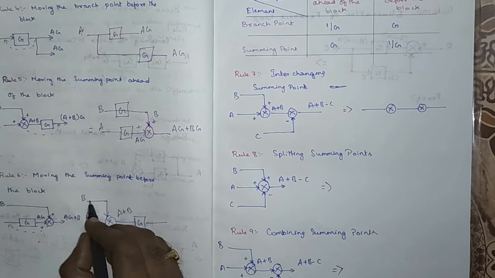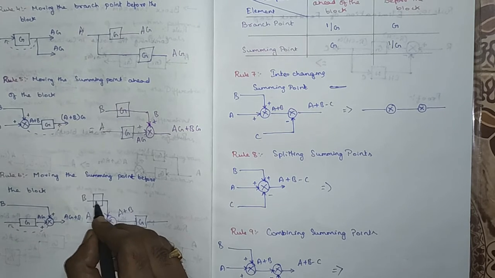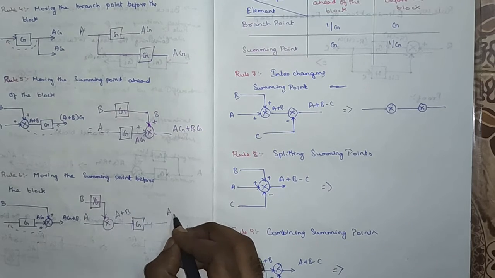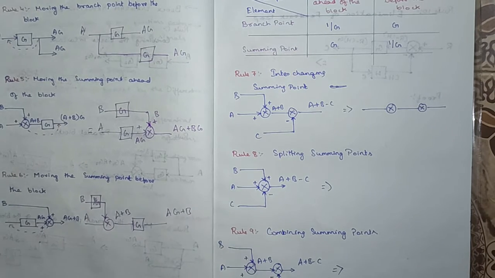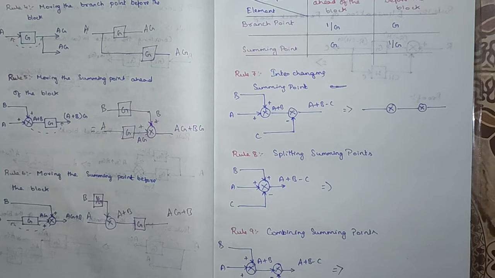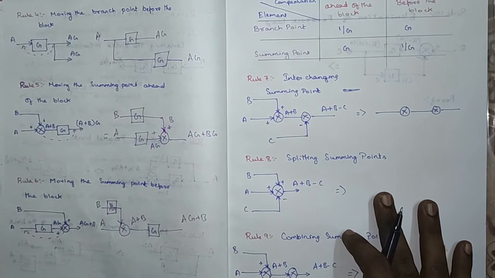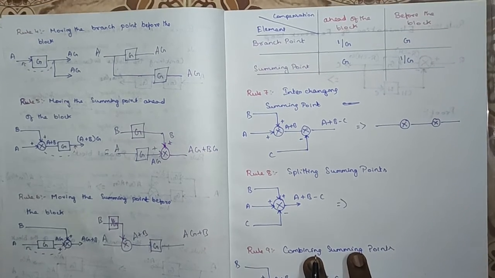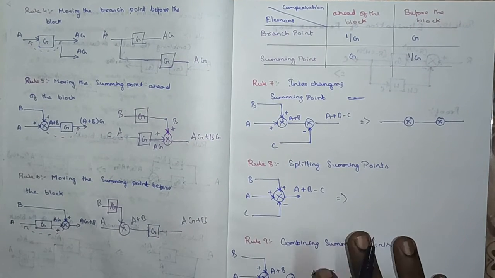So what is the compensation I will multiply? I will multiply a compensation, that is 1 by g, such that I am getting the output as ag plus b. So these are the 4 rules, rule number 3, 4, 5 and 6, by using which we can move the summing point and the branch point to the left or the right of the block, and we can find whether the blocks are in series or parallel.